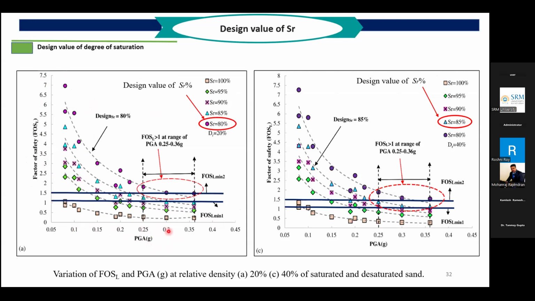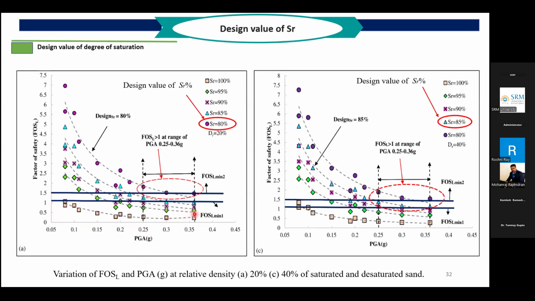So the more the acceleration, the less the factor of safety. It is an inverse relation. But as long as you are dealing with more saturated soil, irrespective of your PGA, your soil is subjected to liquefaction. Even with a small earthquake, your soil can liquefy. Increasing PGA, it is obvious your soil is prone to liquefy.